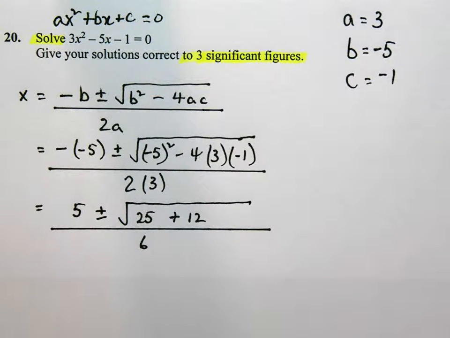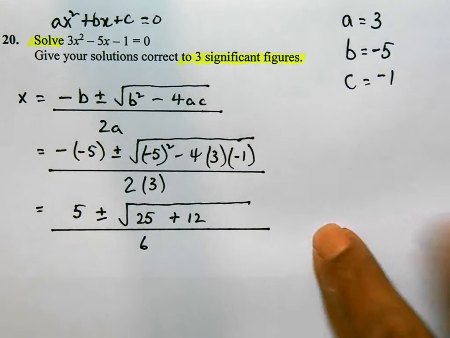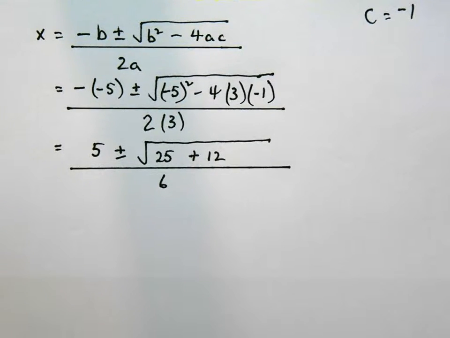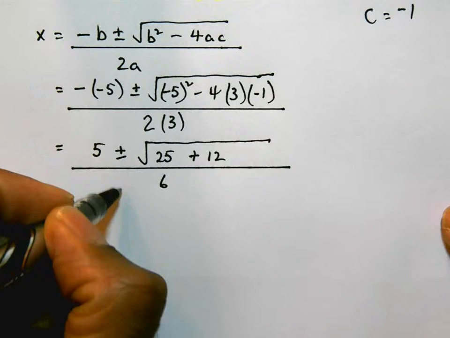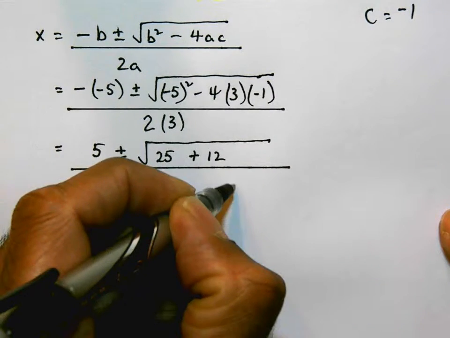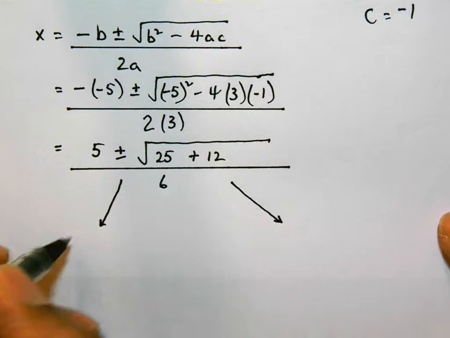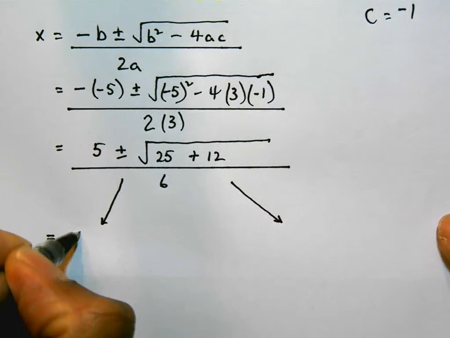What I am about to do now is split this into 2 calculations. Because of the plus or minus sign, I'm going to do this calculation twice, once by adding and once by taking away. So I split it into 2 bits and then use my calculator at the end to work out the answers.